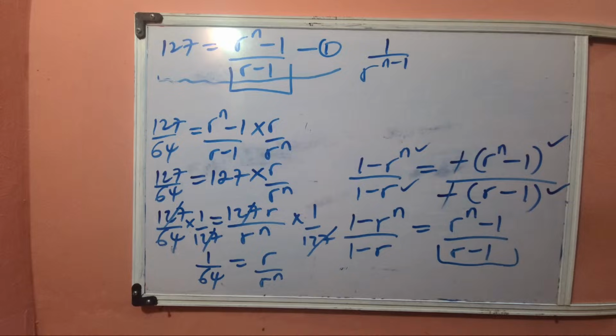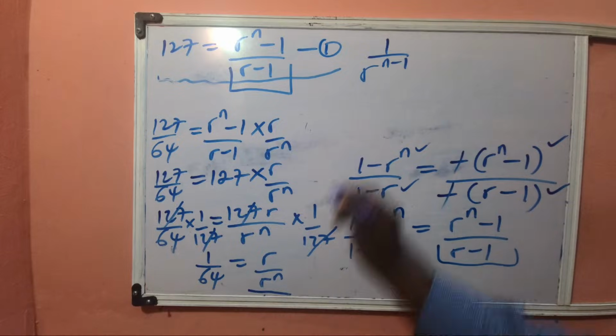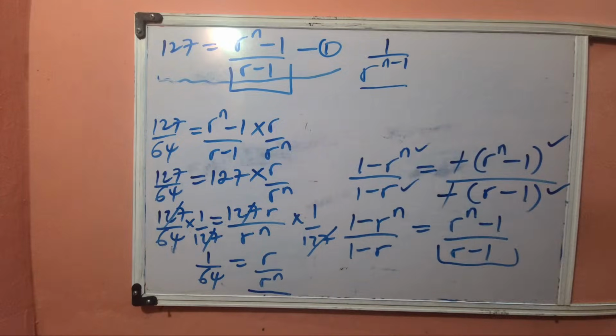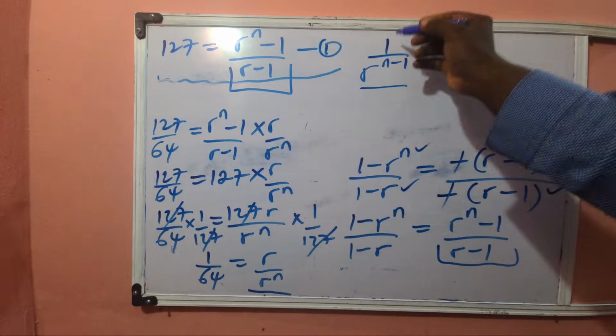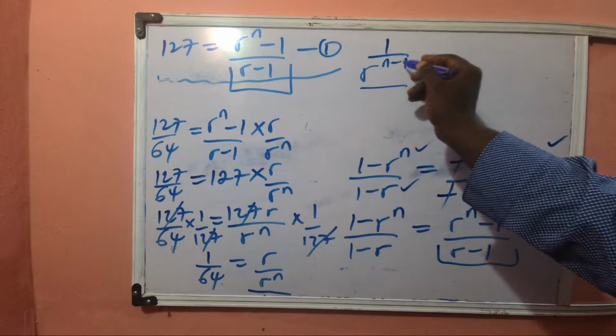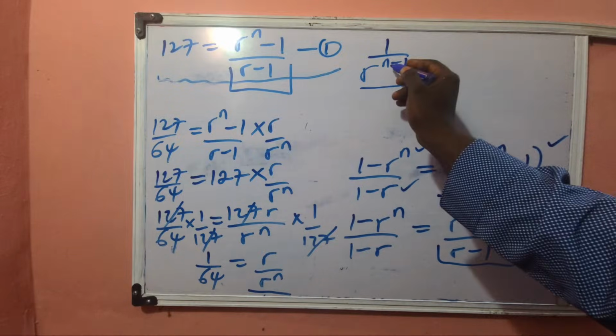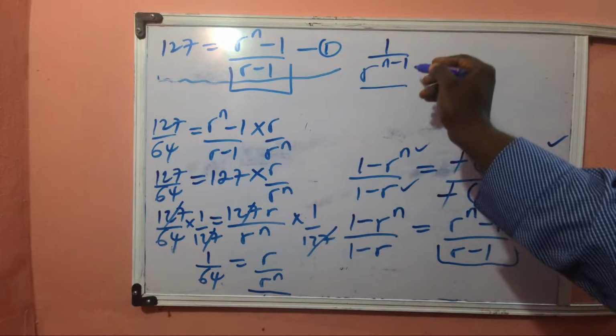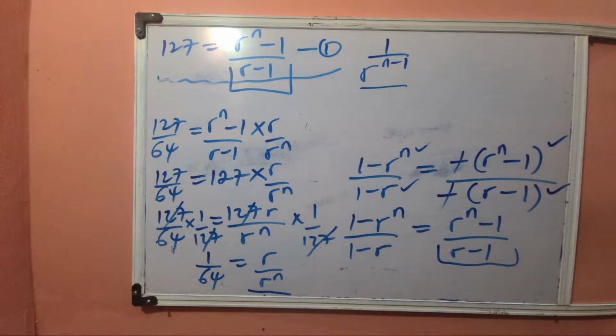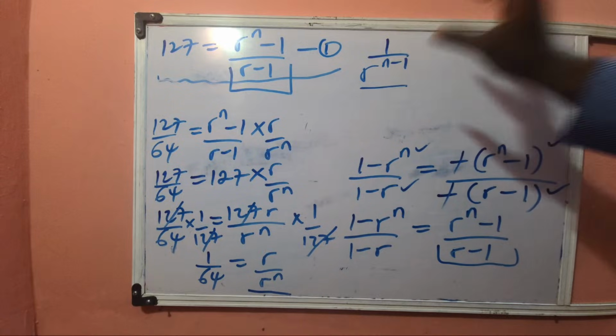What we have here and what we have here, they are actually the same thing. You can go on to prove this by having 1 over r raised to power n. Just follow the process. I'm sure you understand the law of indices that says this will be divided by r raised to power 1. Go on to follow through on those processes and you will arrive at this particular place.